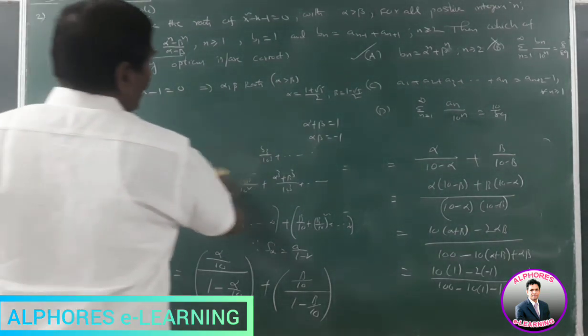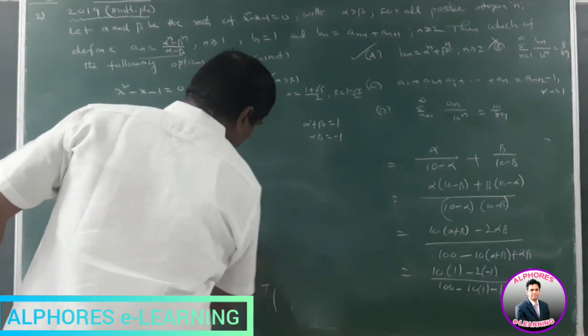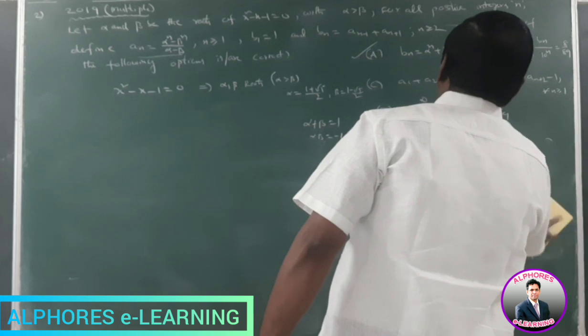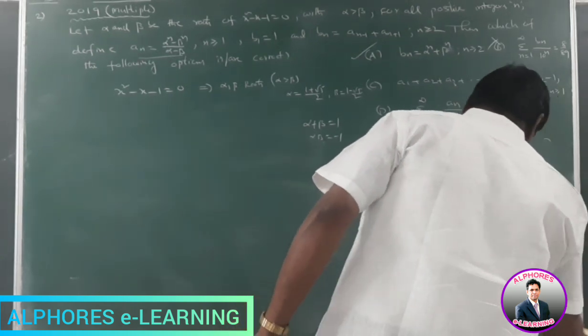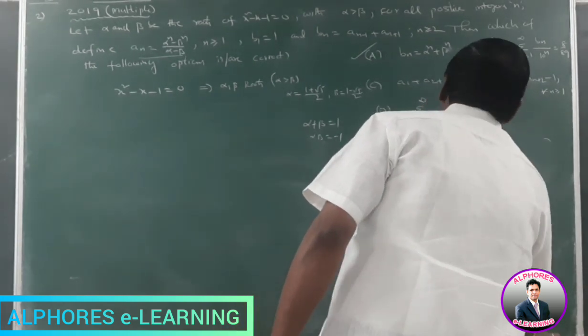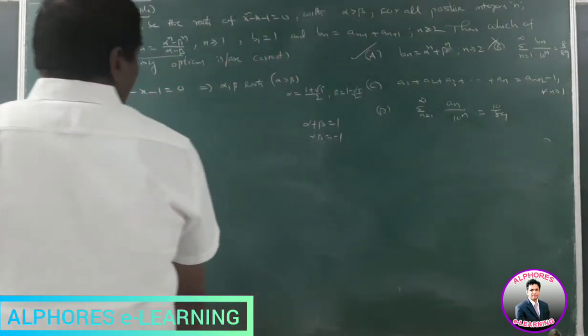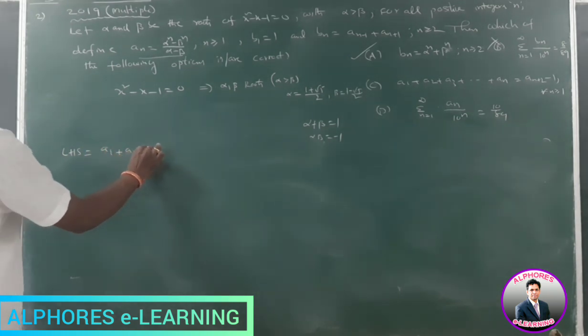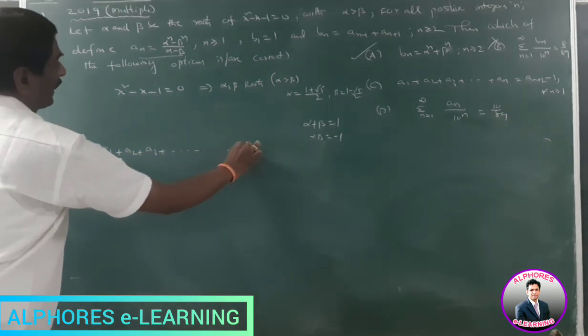Now we verify option C. What is the value of C? Option C, LHS is equal to A1 plus A2 plus A3 plus so on AN.